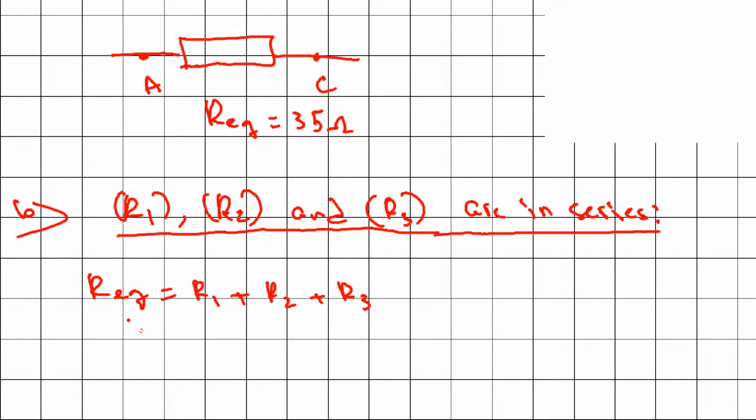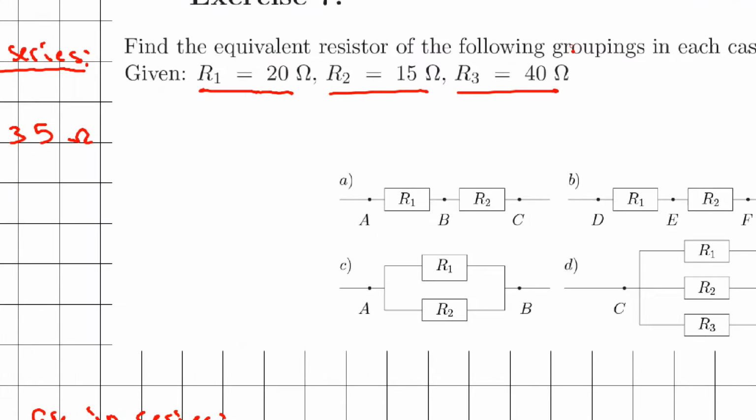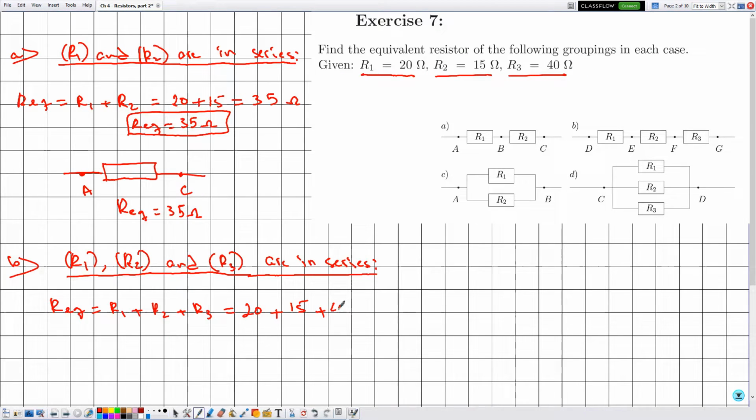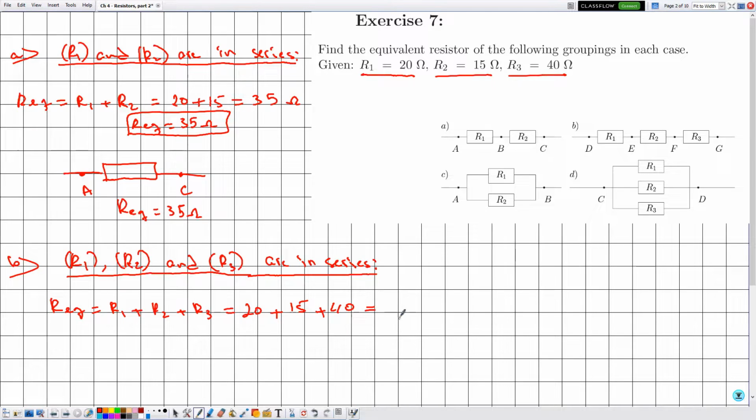And first we need to always start by the formula. Here no need to mention any law because this is law independent. Now the value of R1 is given by 20. The value of R2 is given by 15. The value of R3 is given by 40. Now plugging this on the calculator, then the value of R equivalent is given by 75 ohms. So R equivalent is given by 75 ohms.